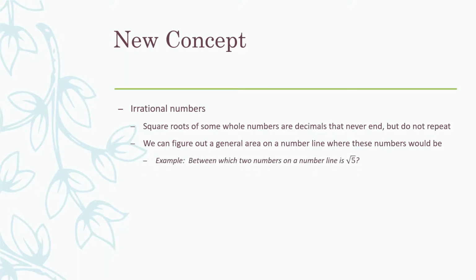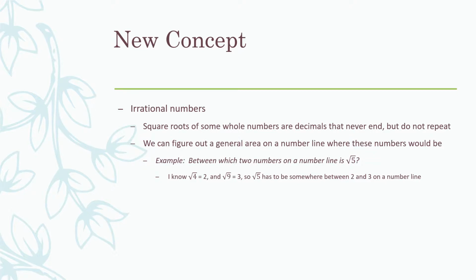So for example, between which two numbers on a number line is the square root of 5? I know I can't do the square root of 5 because there is no number that you multiply times itself to get 5. So I go with what I know. I know the square root of 4 is 2, and the square root of 9 is 3, and 5 is in between 4 and 9. So square root of 5 has to be somewhere on a number line between the whole numbers 2 and 3.